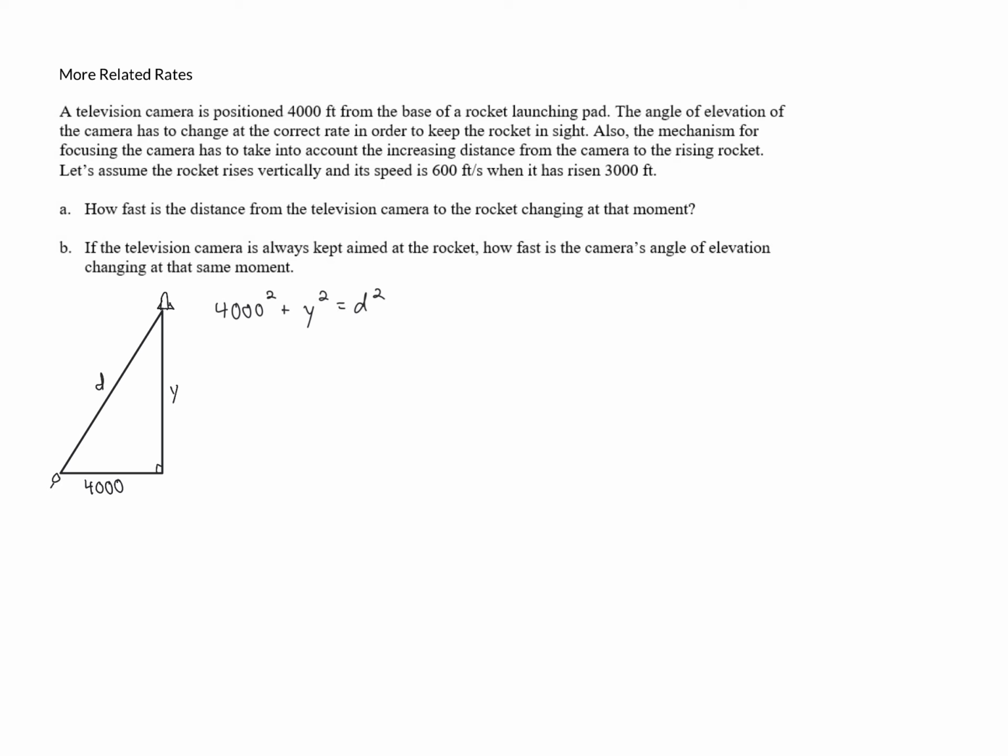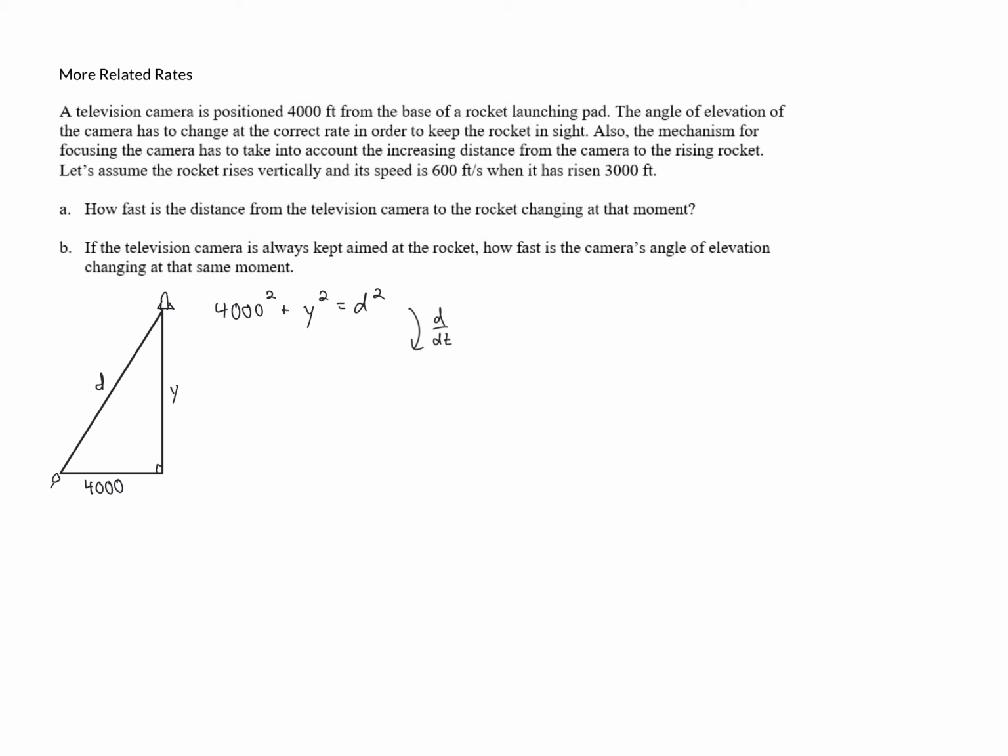And we want to differentiate both sides with respect to time. I'm going to skip a step. I don't want to write out d over dt of the left-hand side equals d over dt of the right-hand side. Let's just go through this a little bit more quickly. We're going to differentiate both sides with respect to t. The derivative of a constant is 0.